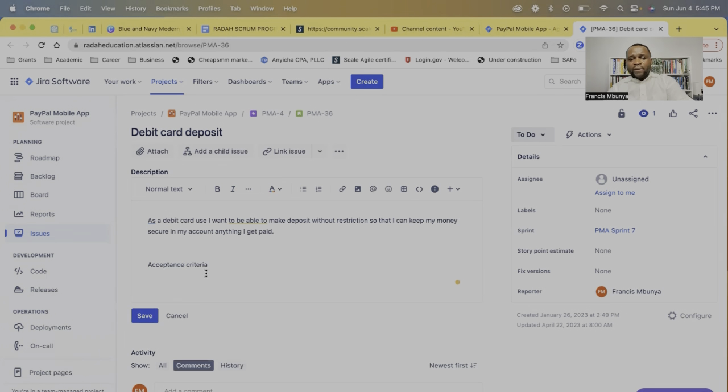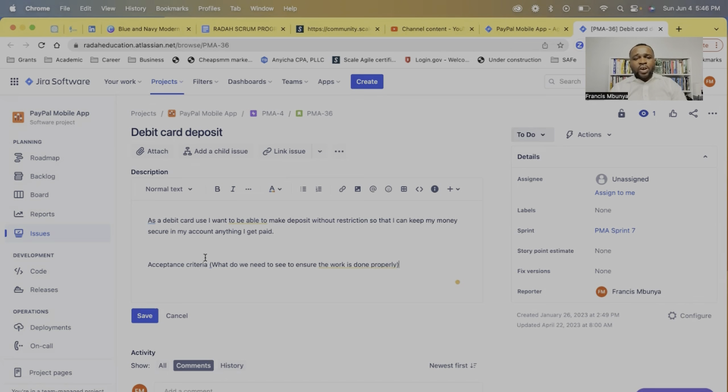So this is one format, but the way I always like to help people understand what acceptance criteria is, it simply means what do we need to confirm, or what do we need to see to ensure the work is done properly.